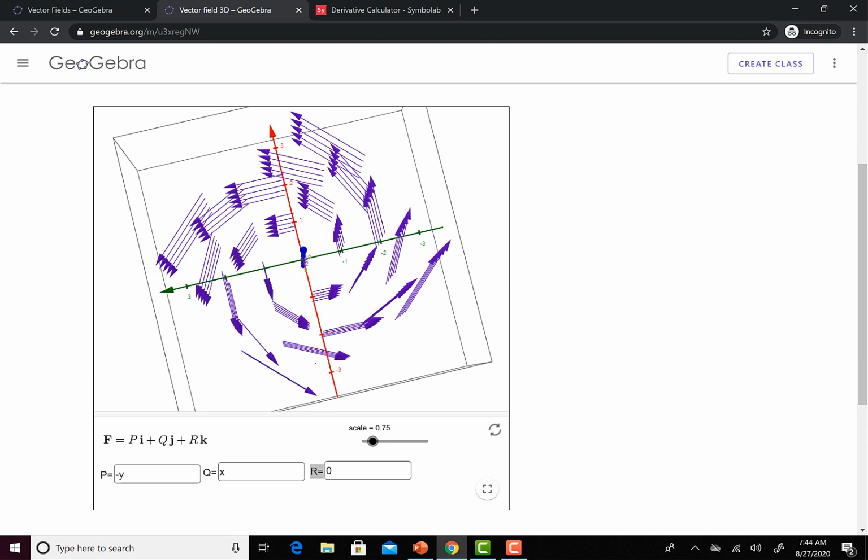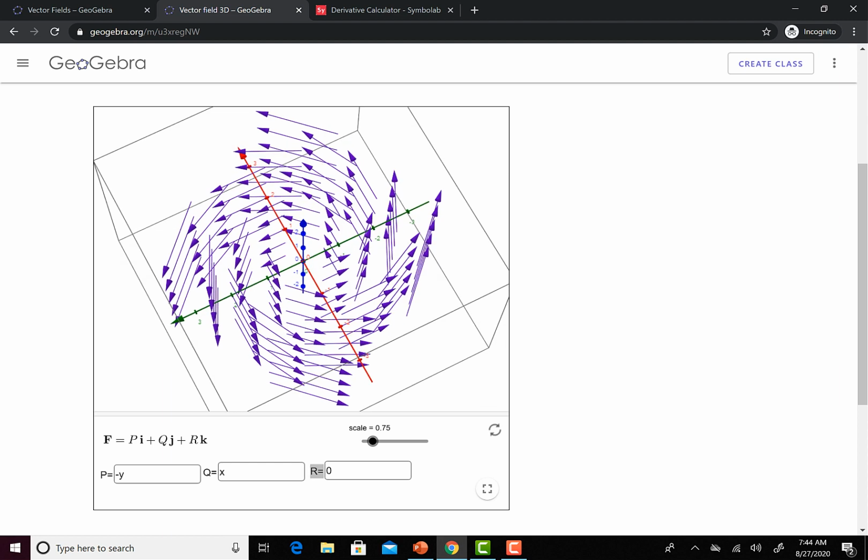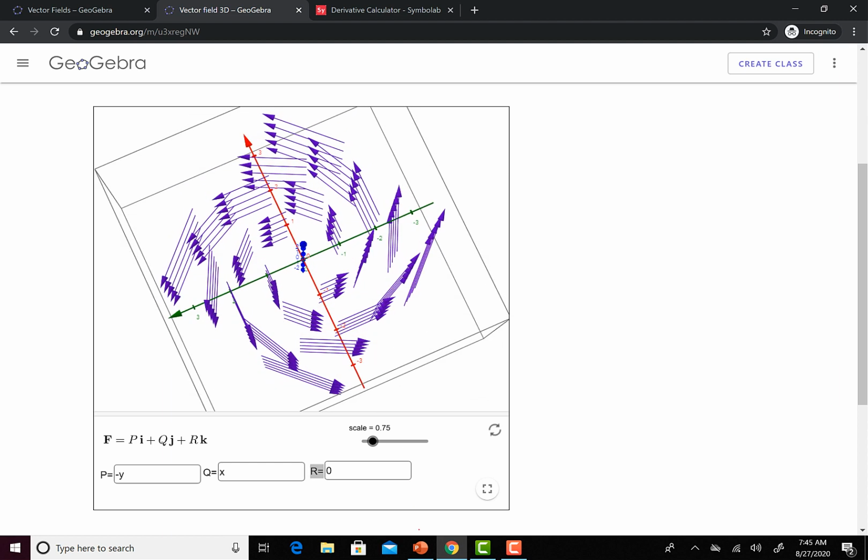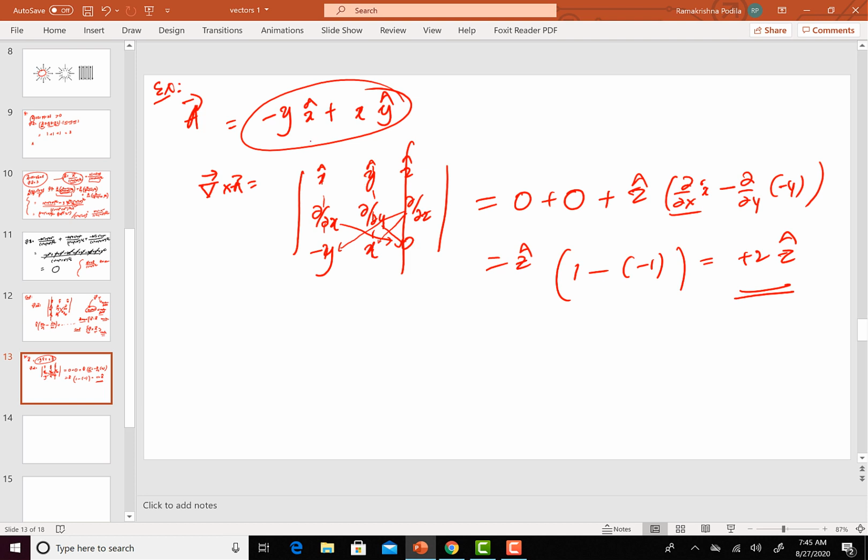If you go along with the right hand thumb rule, if you curl your fingers along the direction of the field, the thumb points along the direction of the curl of this vector field. So if we curl along the x and y planes, we get the thumb pointing up along z.